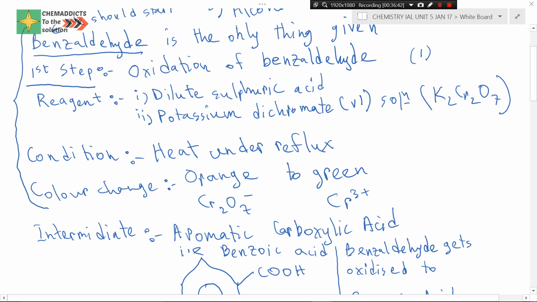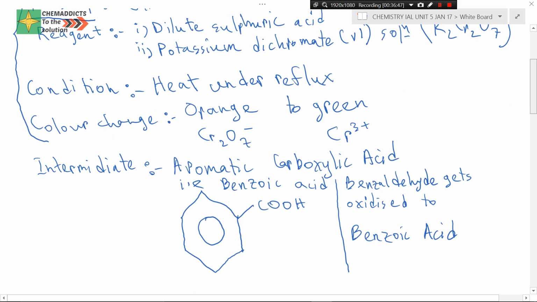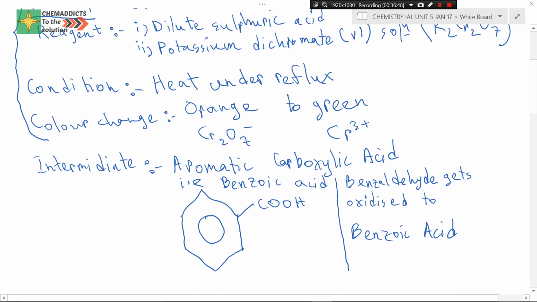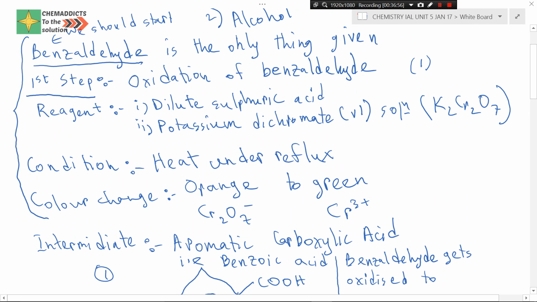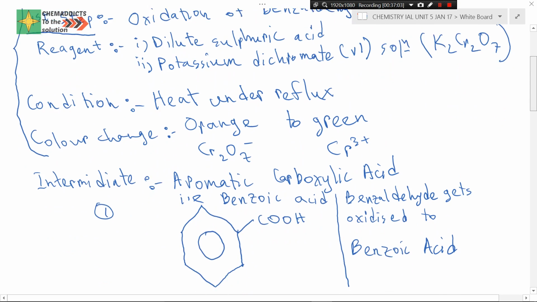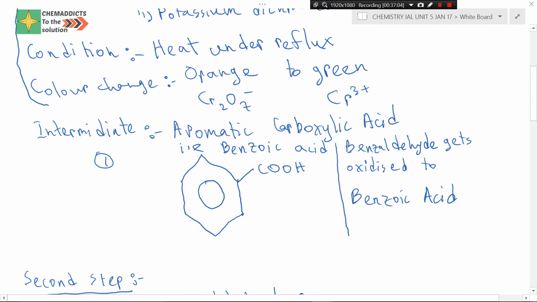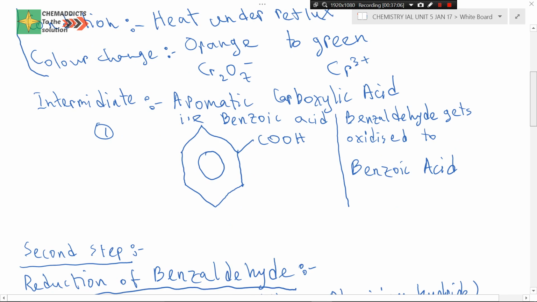And for mentioning the intermediate, we get another mark.